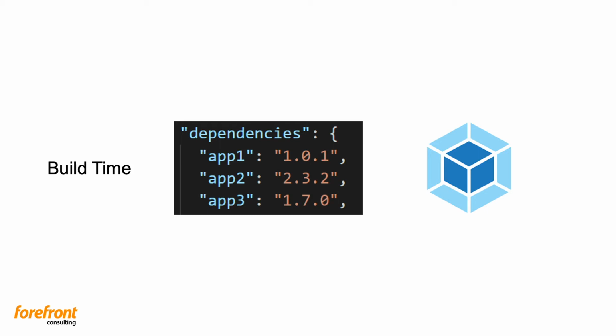You could also do it at build time. If you've worked with front-end development, then you're surely familiar with this middle part here. You can simply say in your node dependencies that you depend on specific versions of different apps and package it at build time. But this actually violates one of our core principles, that the teams need to be autonomous and independent.